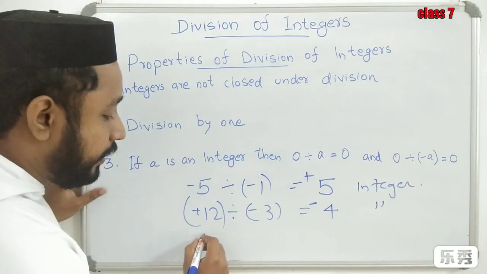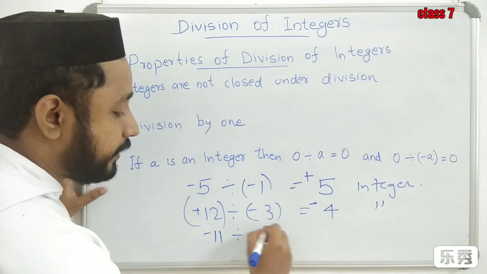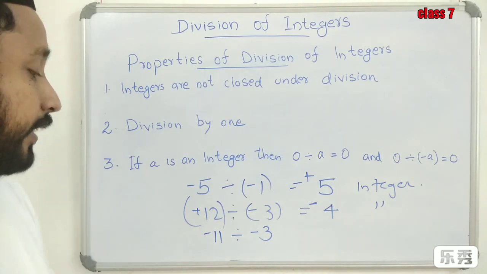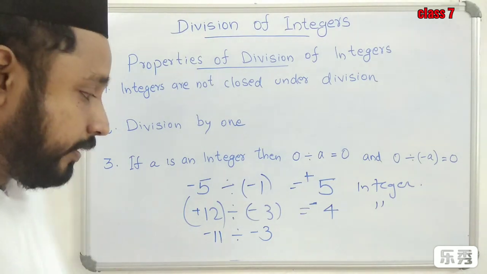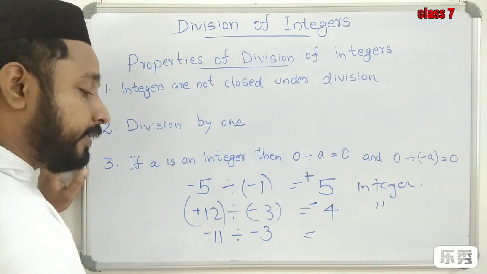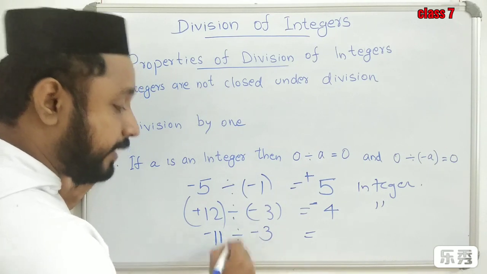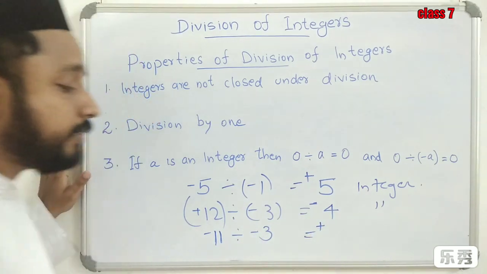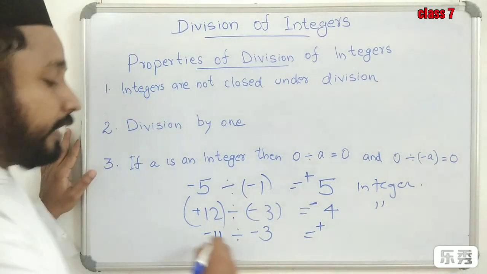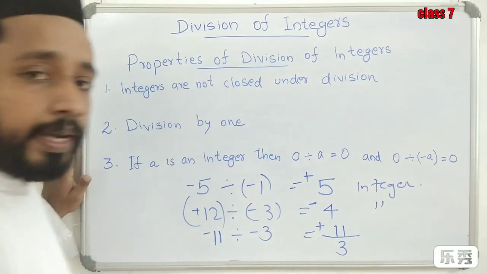Next one, minus 11 divided by minus 3. Here minus 11, here minus 3. So both are minus. So the answer is plus 11 divided by 3.